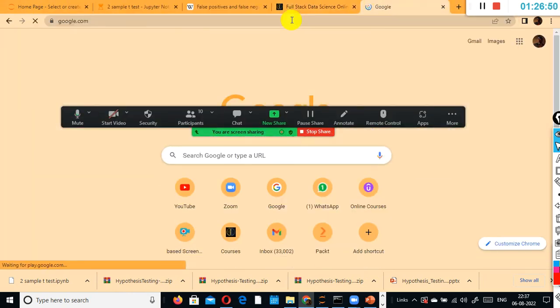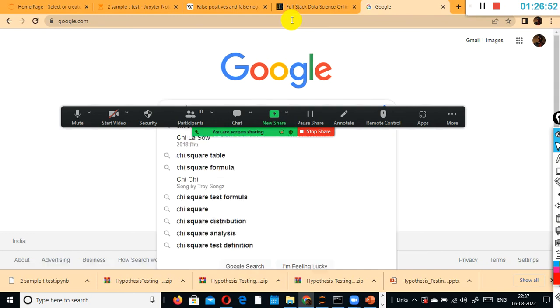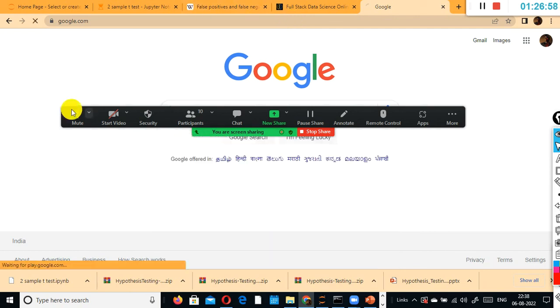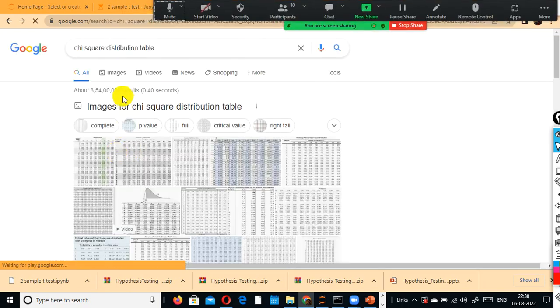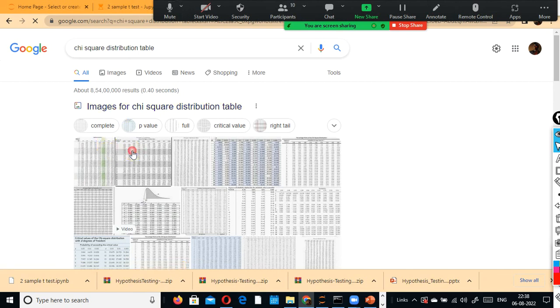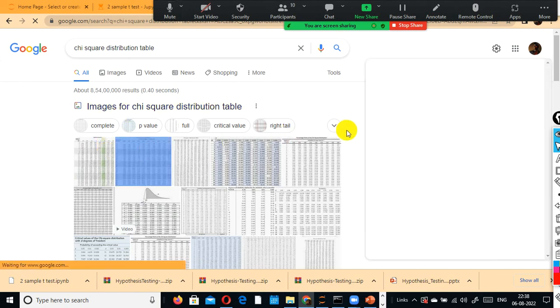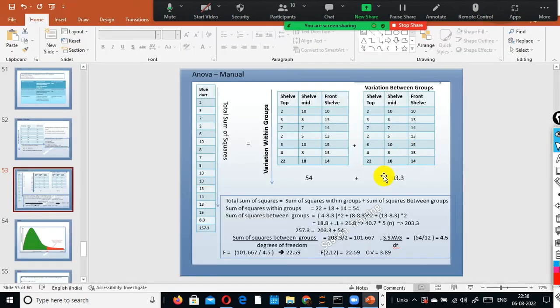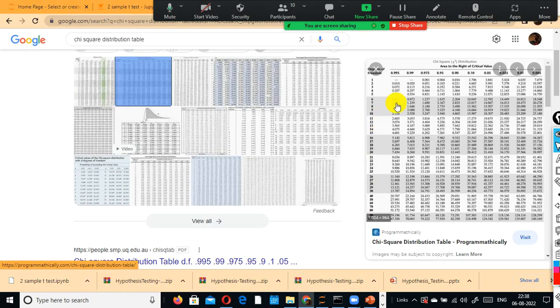Here I just say chi-square distribution table. Chi-square distribution. So 2 comma, how much we got? 2 comma 12, right? So 2 in the numerator.